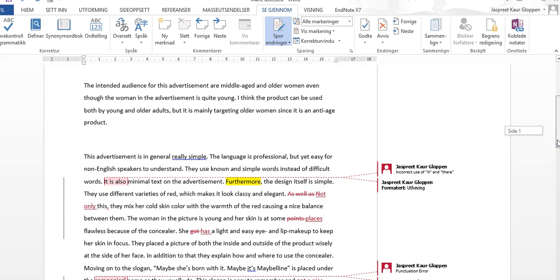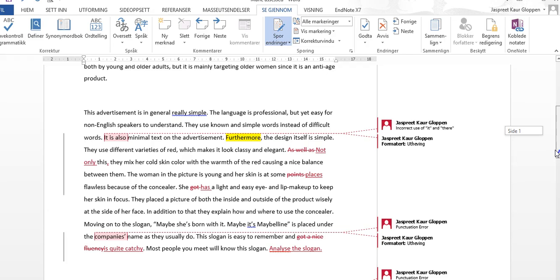So far so good. And then you talk about how the language is on the advertisement, and you have your design layout within this part where you talk about what colors are used, and I like when you say that they placed a picture of both the inside and outside of the product wisely.